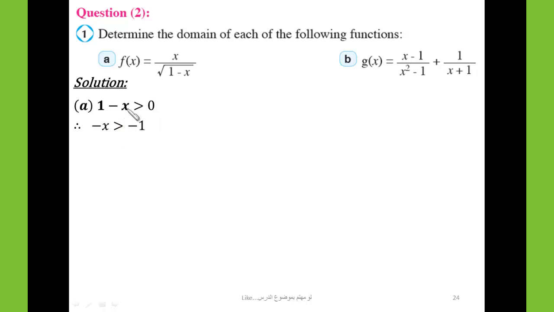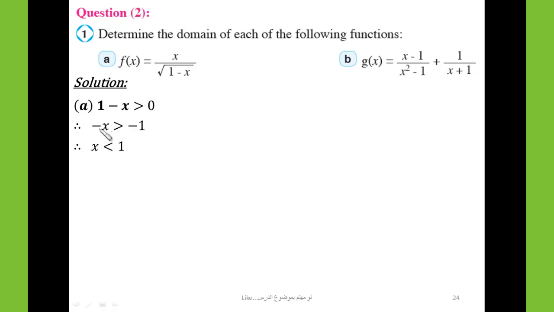So negative x is greater than -1. Multiplying both sides by -1, we have x is less than 1. When you multiply the inequality by a negative number, we change the direction of the inequality.